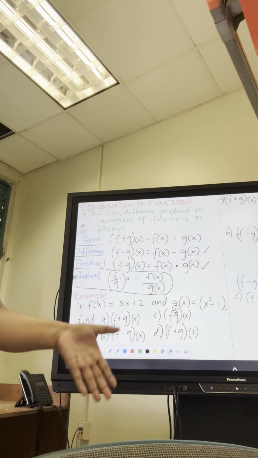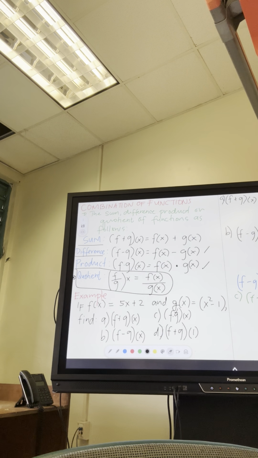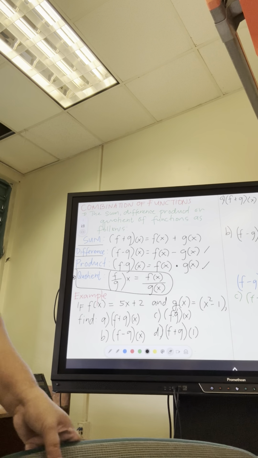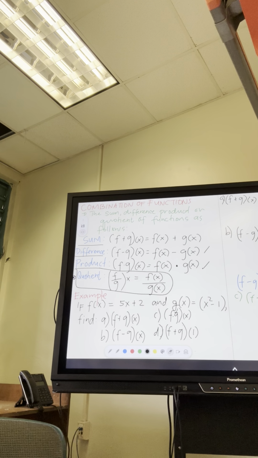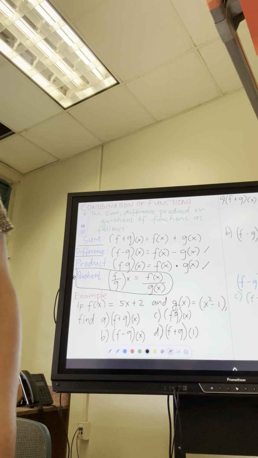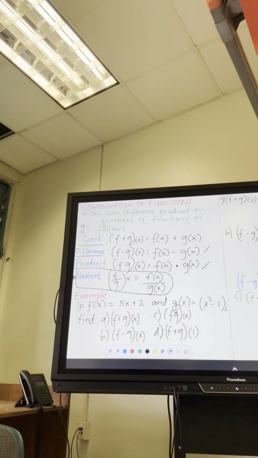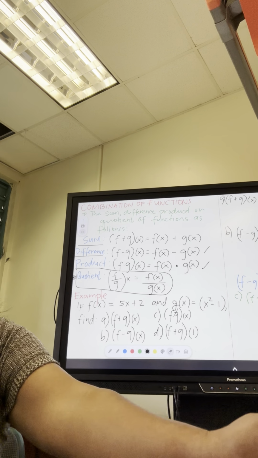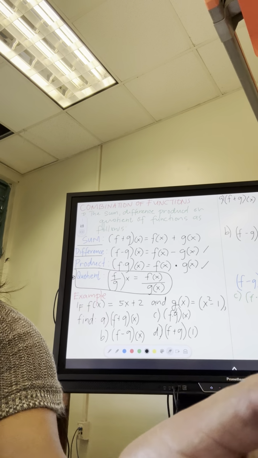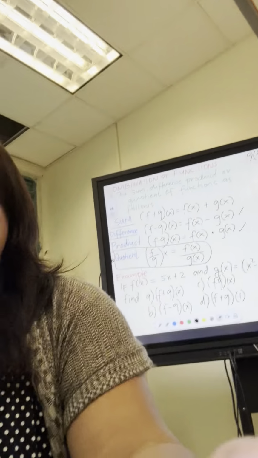So please take notes with that, because after that I will give you an individual work. Okay? So take time. I will give you 10 minutes to copy the examples. If you know how to multiply, if you know how to add, to subtract, there is no problem with that lessons.